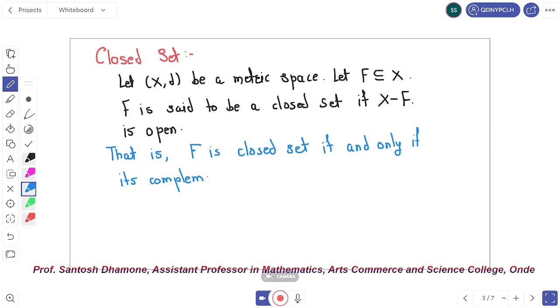Then show that F is a closed set in X. This is the problem. X is the set of reals and F is a subset of R, which is the closed interval 1 to 2. Then show that F is a closed set in X. Solution.